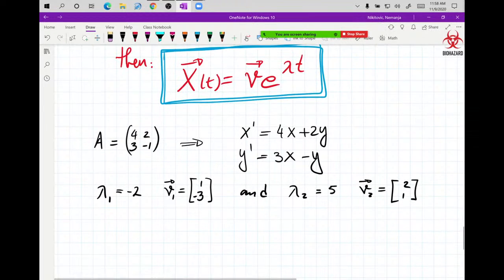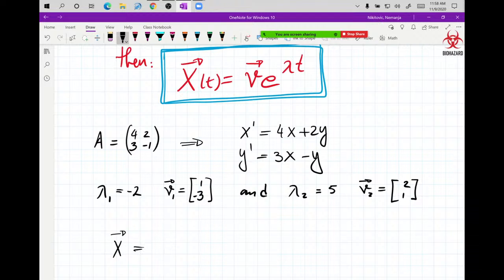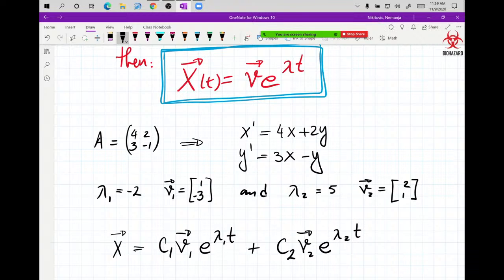Now, by the theorem above, this is the solution for your problem. So my solution x is going to be c1 vector v1 e to the lambda 1 t plus c2 v2 e to the lambda 2 t. And I have my answers here.